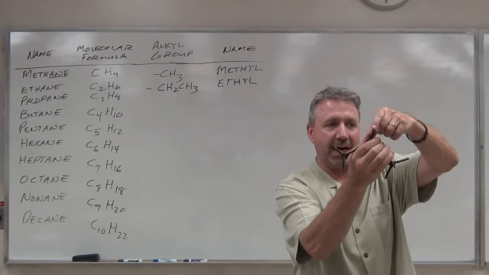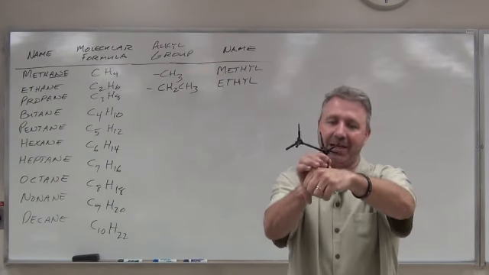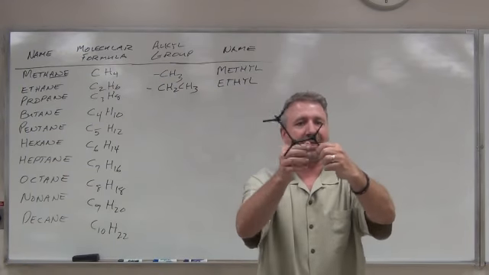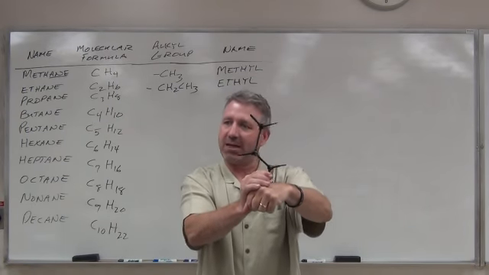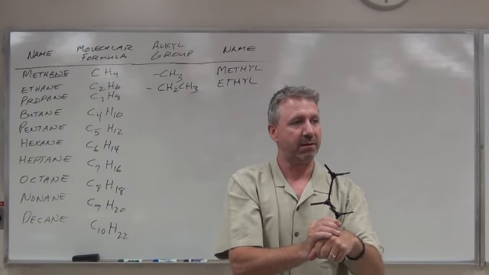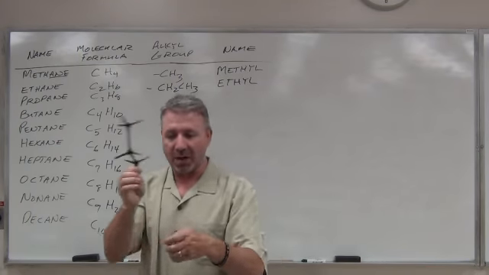Removing one of these hydrogens and using that as a point of attachment is different than removing one of these outer 6 and using that as a point of attachment. We have 2 different alkyl groups for propane. We have to identify them.